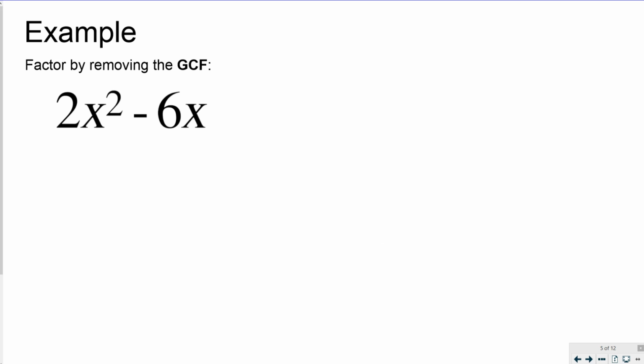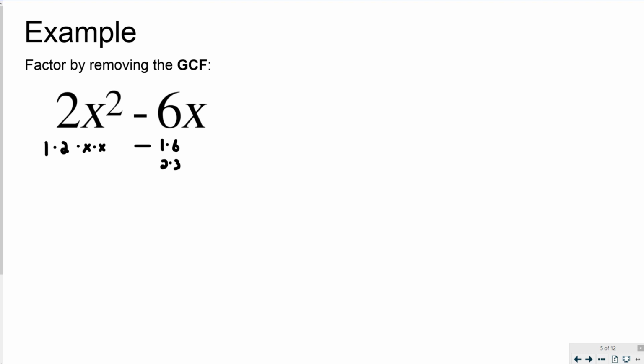I have 2x squared minus 6x. If I want to factor this, the first thing I'm going to do is find the GCF here. Try to find the GCF of 2 and 6: 1 times 6 and 2 times 3. For variables, I just list them out.